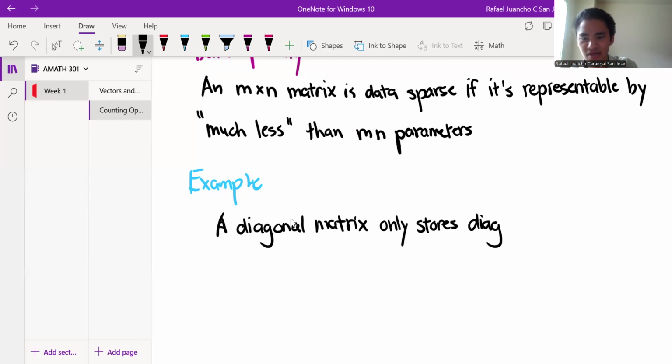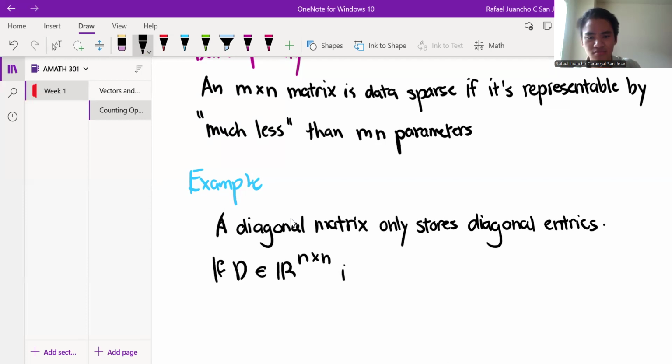So it only stores diagonal entries. Everything else is going to be zero. So this is data sparse. So let's say if D has dimensions n by n, and let's say it's a diagonal matrix, right?